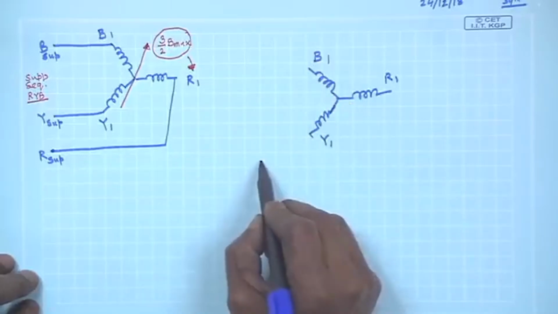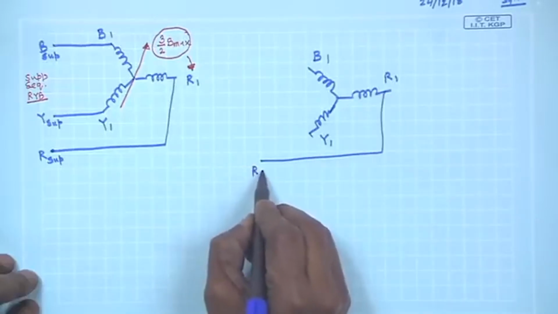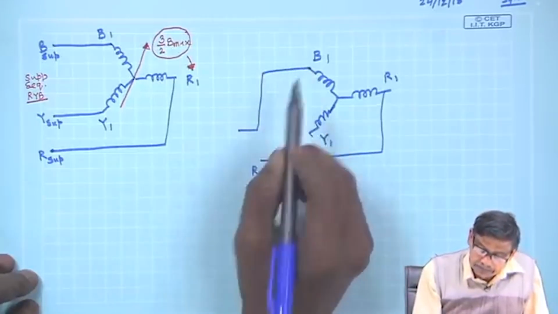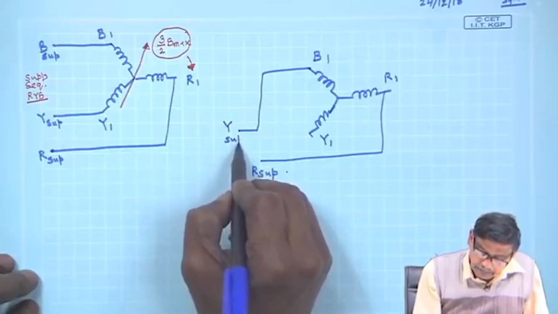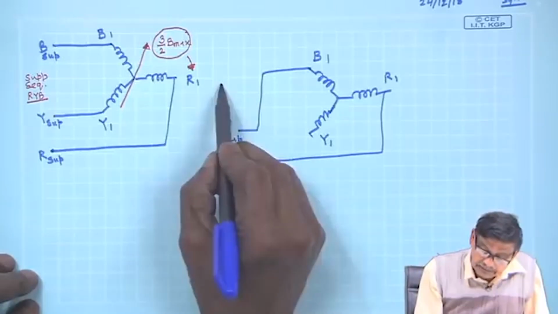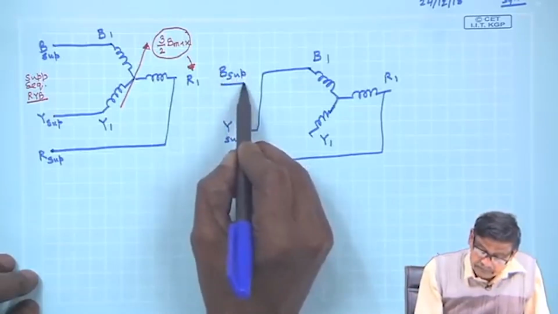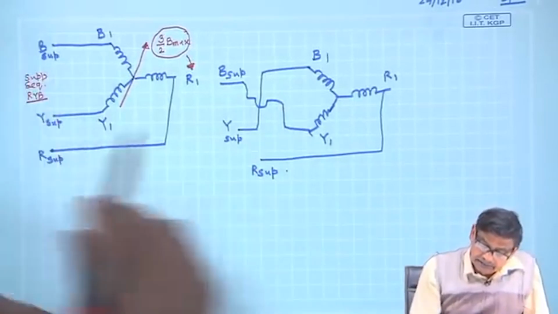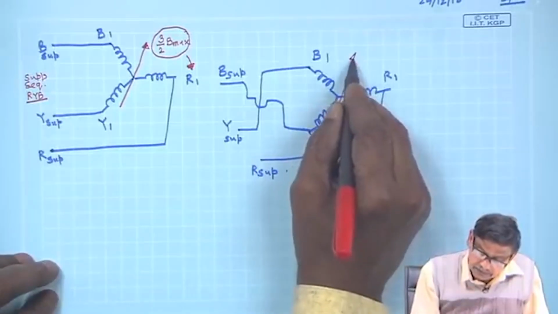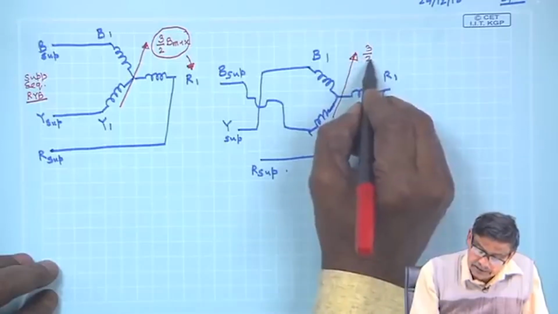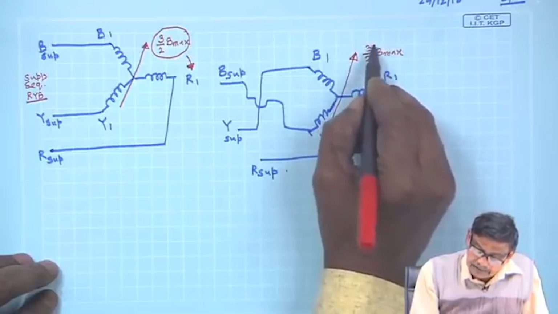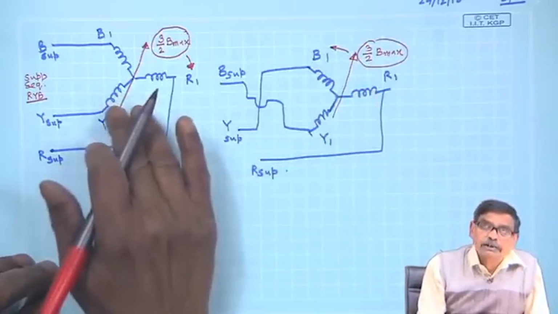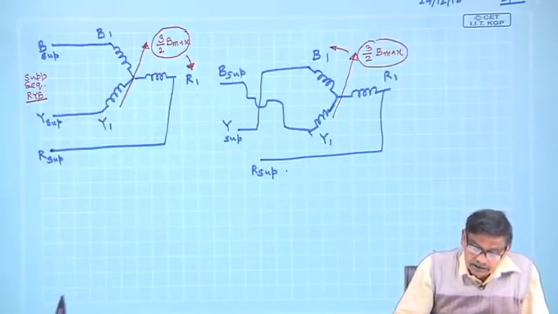But what you have done is this, R supply you have connected like the previous one, but this Y supply you have connected to the B of this, and B supply you have connected here, and then also a rotating magnetic field will be developed, whose strength will be 3 by 2 B max, and this one will rotate this way, and it will be rotating with respect to the coils, with respect to the structure which houses the coil.